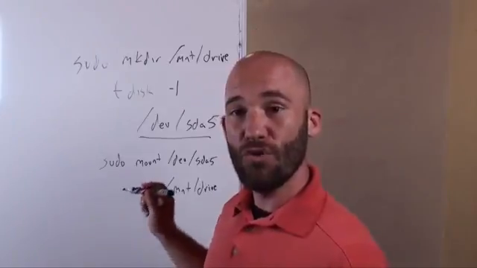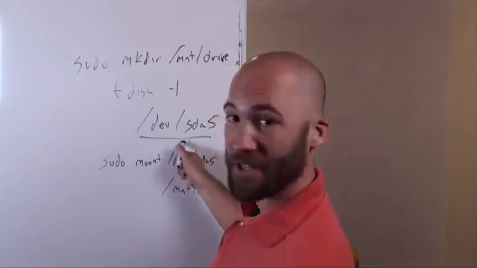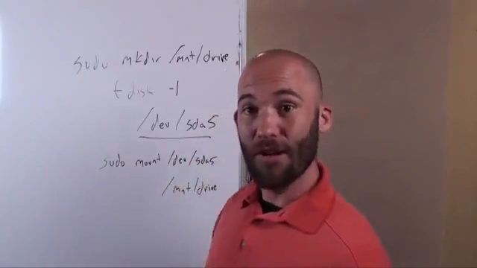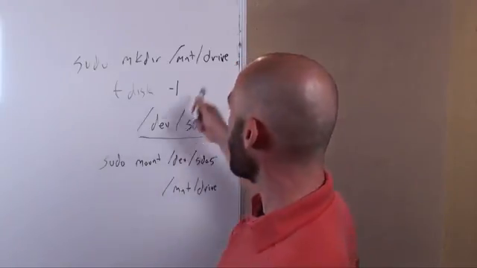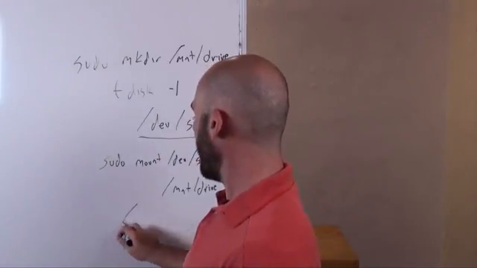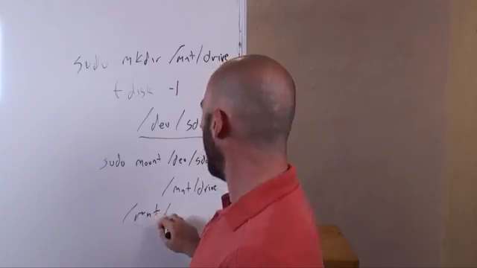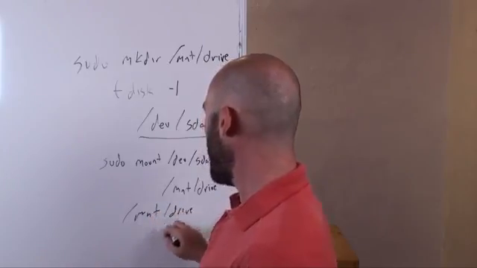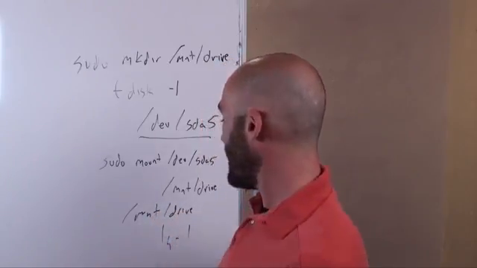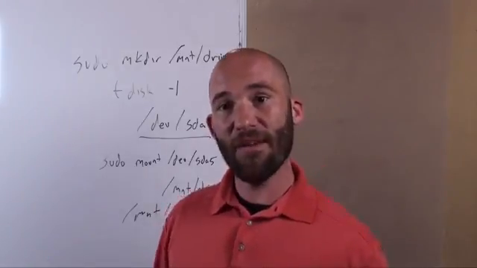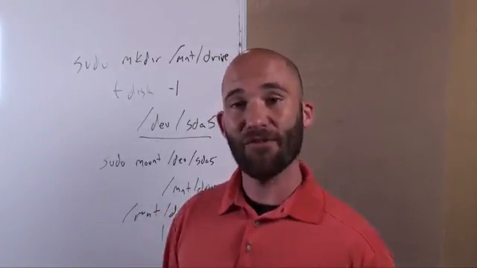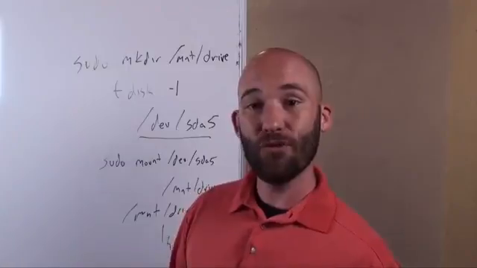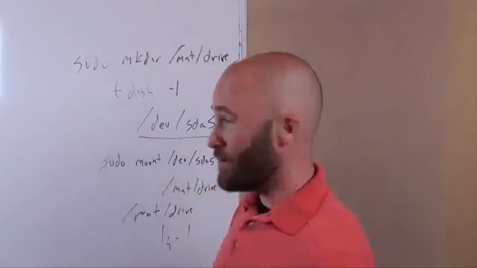This is all you do to mount this particular hard drive. Now you can change directories to /mnt/drive, and you can do an ls -l and it will list all of the information that's on that hard drive. That is all you have to do to mount a hard drive or a CD-ROM.